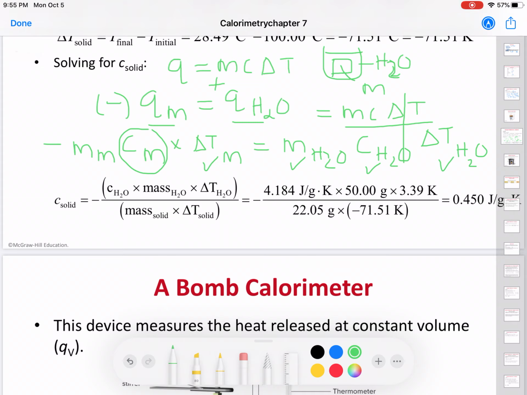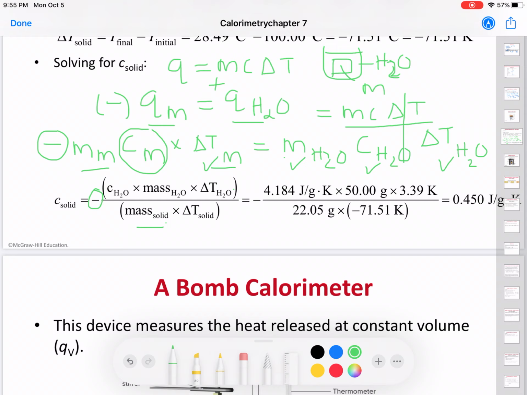So C of the metal, or C solid, would be the specific heat capacity of water, and remember, we need to carry that negative sign over here, times the mass of the water times the delta T of the water, divided by the mass of the solid times the delta T of the solid.